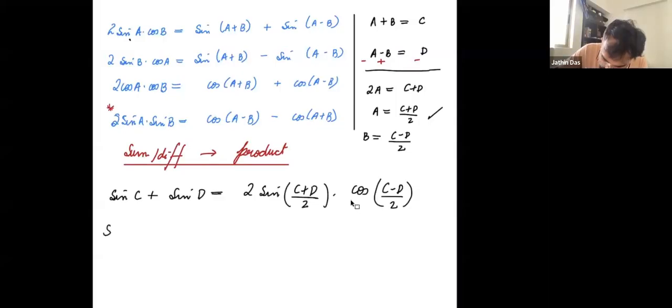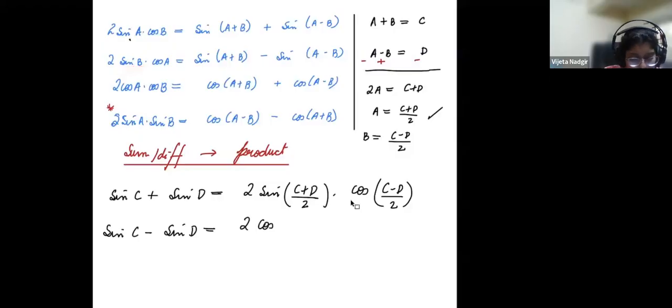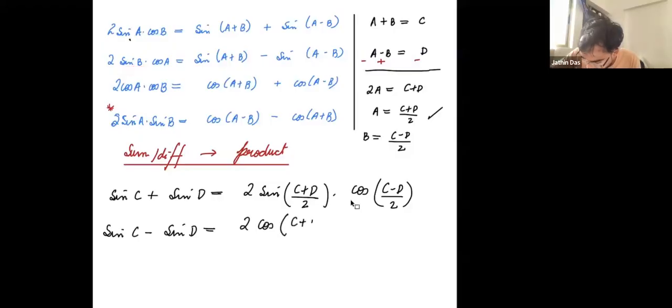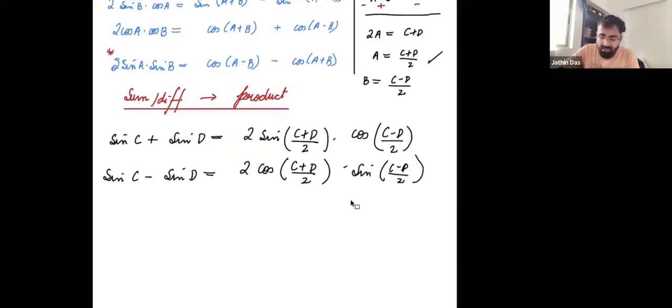Similarly, sine c minus sine d. For the next equation, it will be 2, I'll write cos first. Or I can write sine also, no problem. So cos c plus d by 2 into sine c minus d by 2. How I remember is, for sine c plus d, I write 2 sine first.